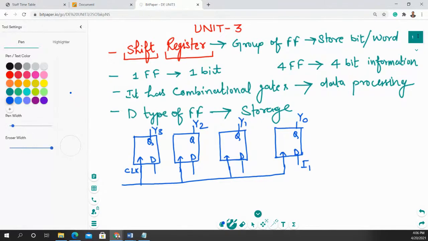Let's suppose we start with I0, I1, I2, and I3, and the outputs Y0, Y1, Y2, Y3. So this is a combination of D type flip-flops, and we can call it a shift register. It is a group of 4 D type flip-flops, and its combination is serial in parallel.